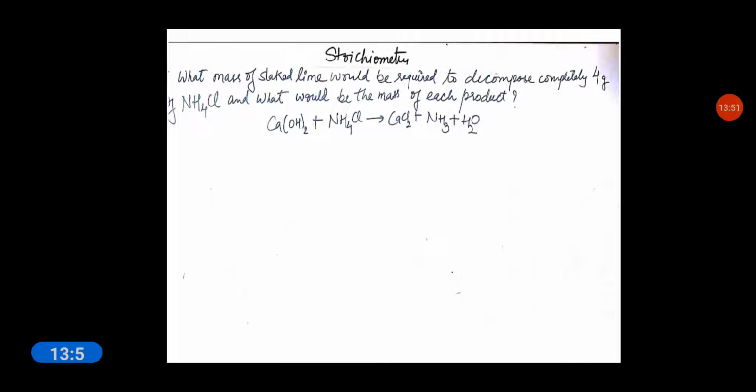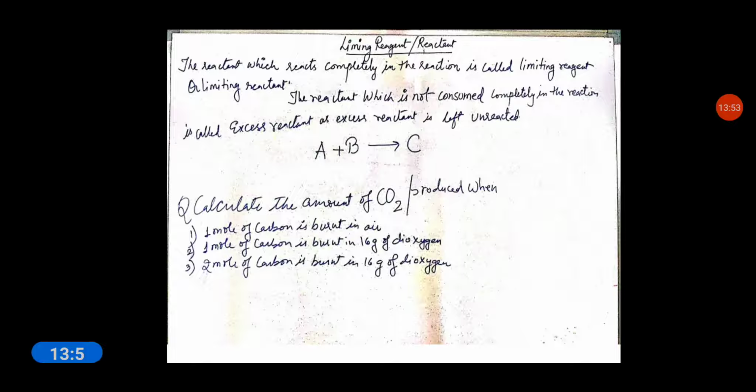So in this way, try to solve all the questions related to stoichiometry. The method we are using right now is known as the unitary method. So we are applying the unitary method for the calculation of stoichiometric problems.